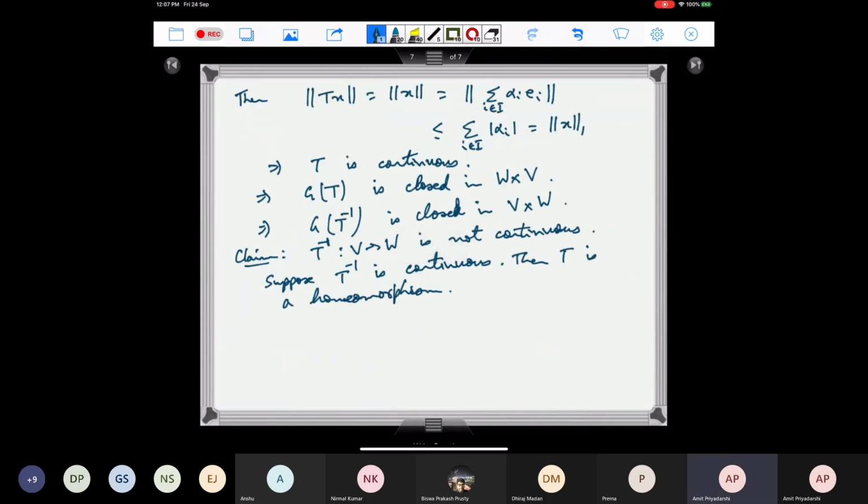And T is a homeomorphism, so since V is separable, we must have W is separable.